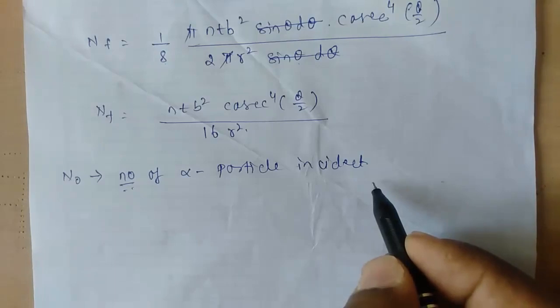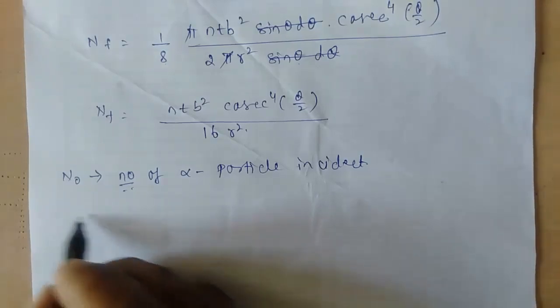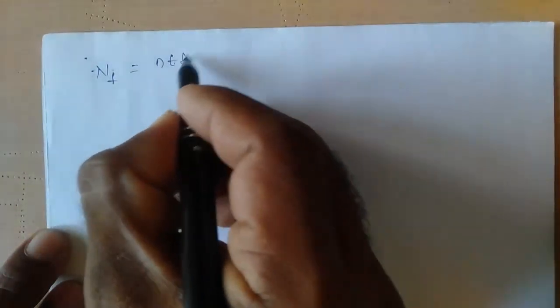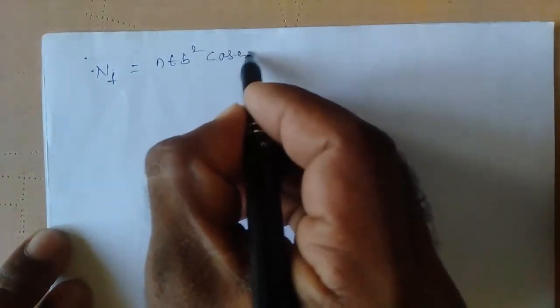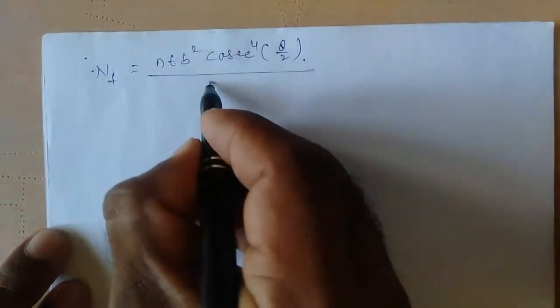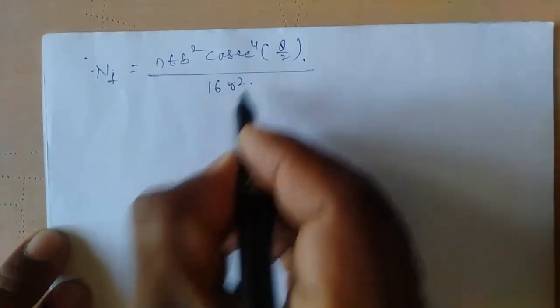We have the previous equation, that is the probability of particles getting deflected with an angle between theta and theta plus d theta, given by n t b square cosecant to the power of 4 into theta by 2, the whole divided by 16 r square.